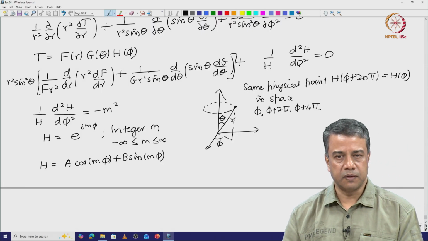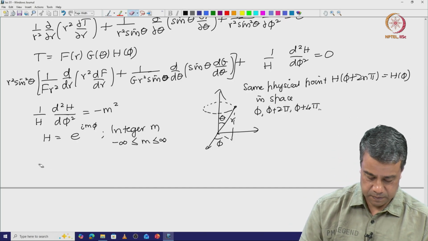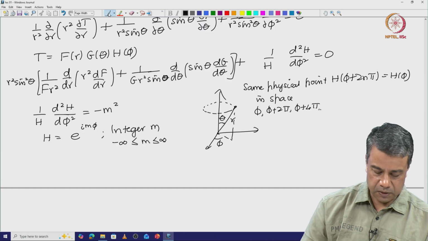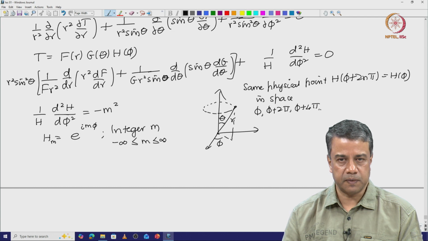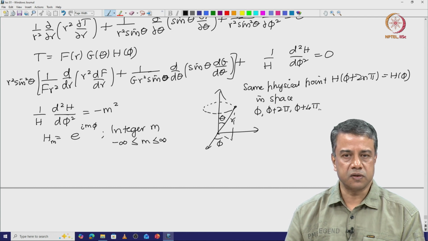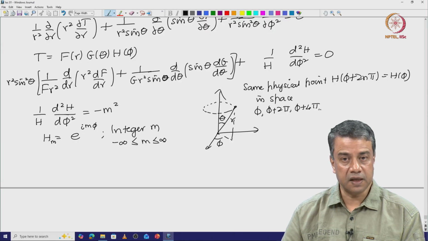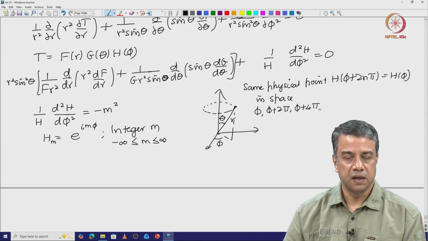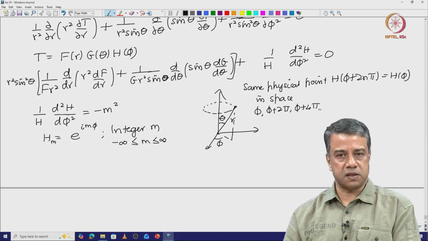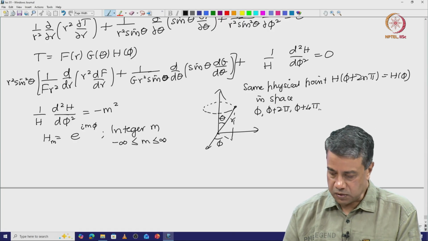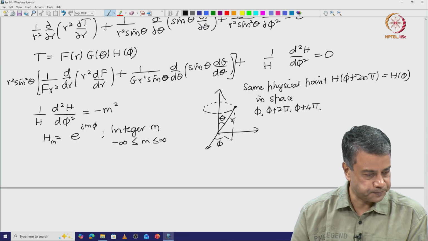But we will write it using complex variables in this case. And the orthogonality relation, so this is h m. For a particular value of m, you get e power i m phi. The general solution contains all values of m, because any value of m satisfies the periodicity condition that when you go around by an angle 2 pi, you return to the same physical location in space.